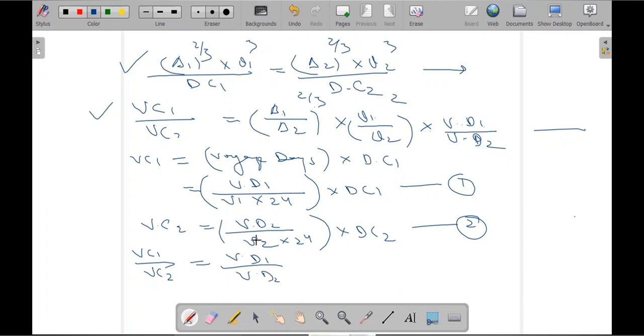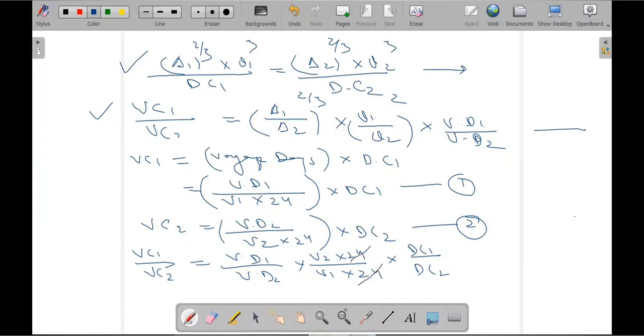And this will come in numerator, this will come in denominator. So I will have V2 into 24, and in the denominator I will have V1 into 24 multiplied by DC1 by DC2. This is what we get by dividing equation number 1 by equation number 2.